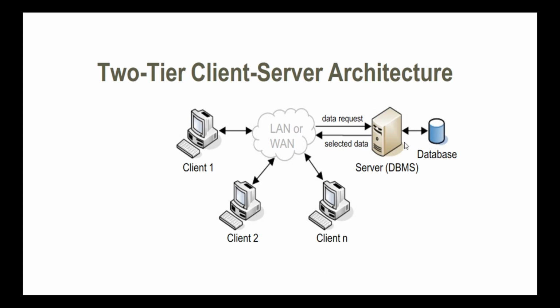In that server, all the databases and the DBMS reside. So whatever requests the clients make are received and processed by the server, and it returns the required data to the client. So all the requests are processed by the server only.